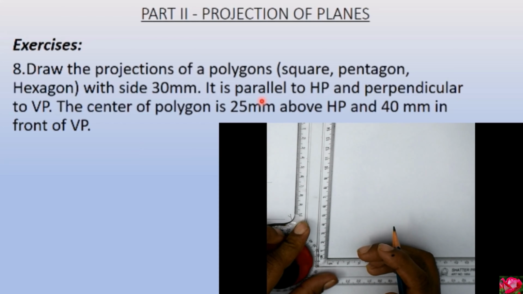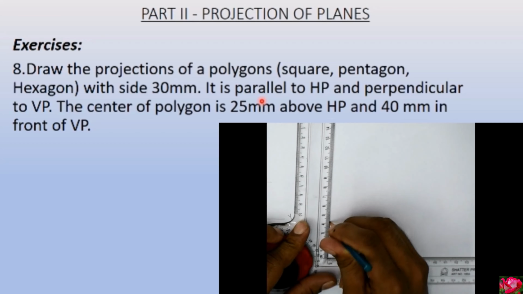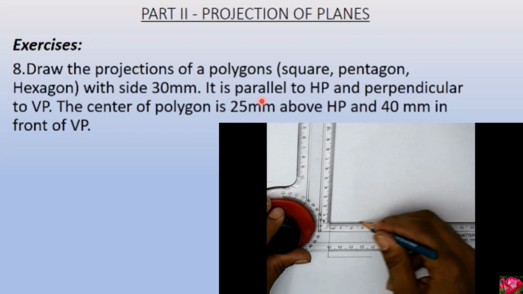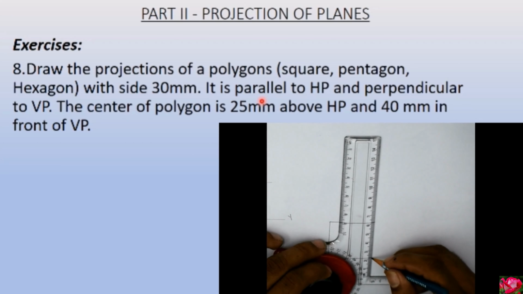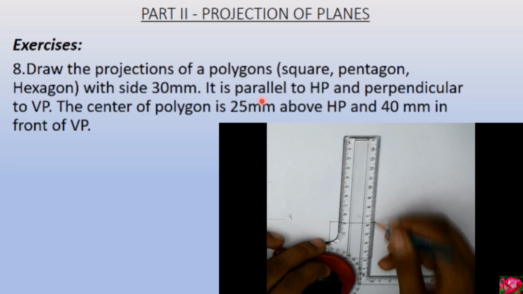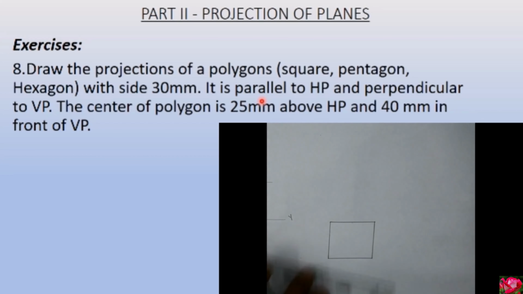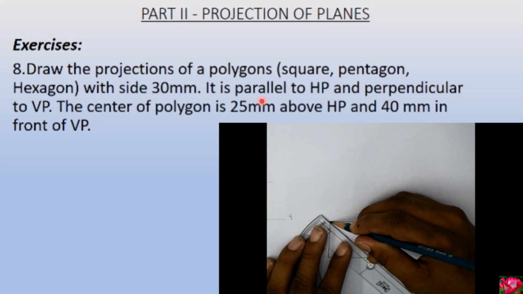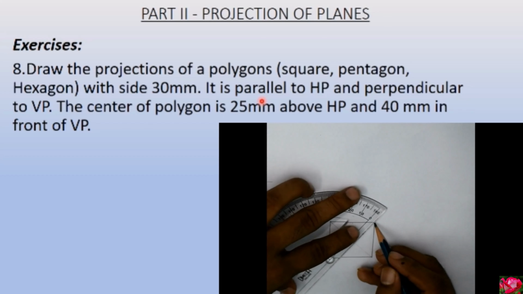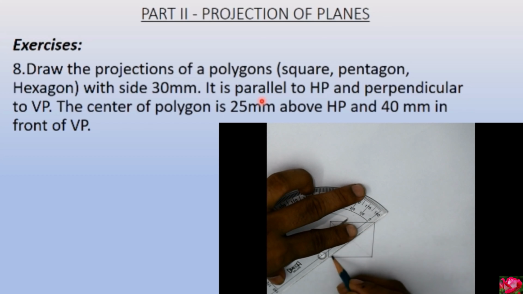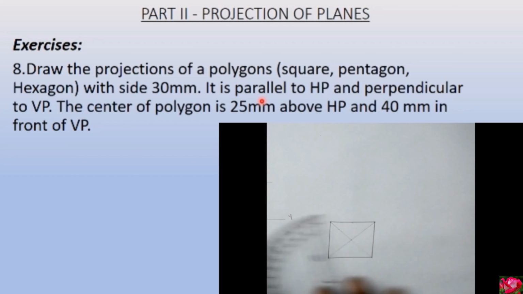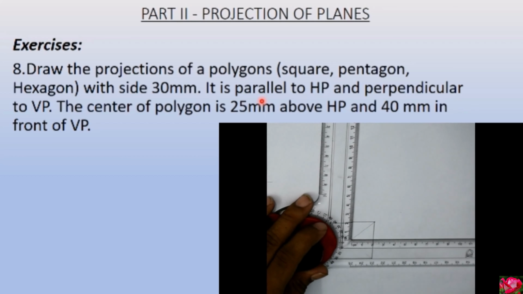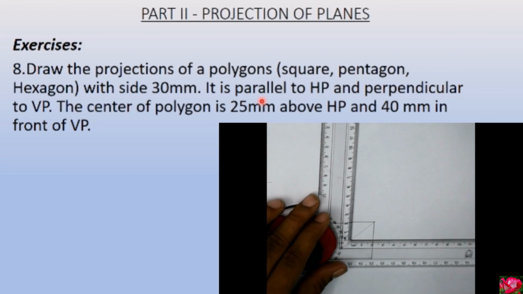As this is parallel to HP, we will get the top view as a square, because the first polygon I am taking is a square. This is our top view, a regular square with 4 equal sides. These are the diagonals to get the center point, and it is mentioned in the question that it is 40 mm in front of VP.